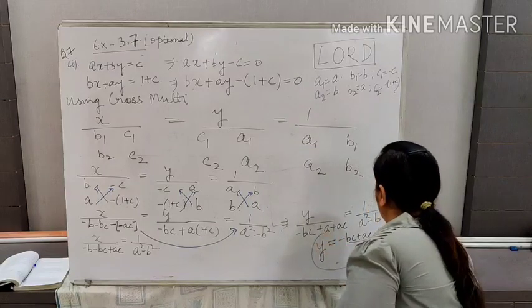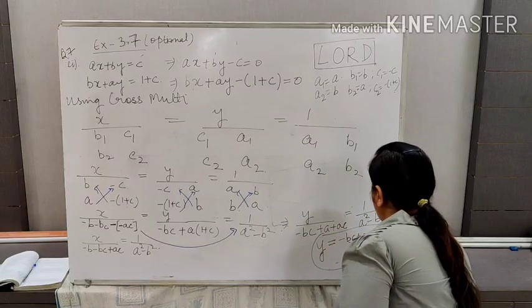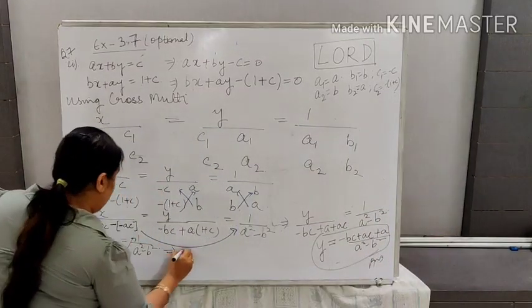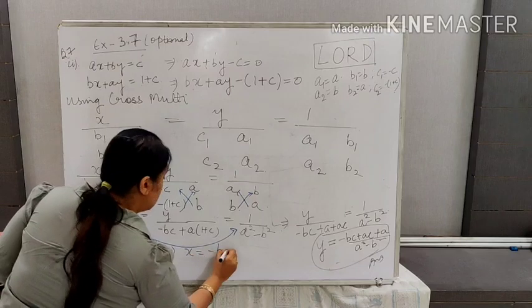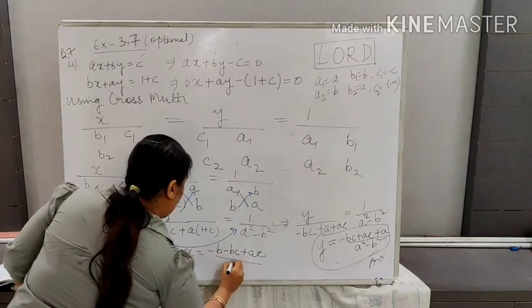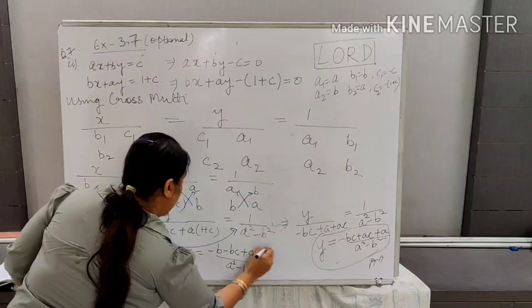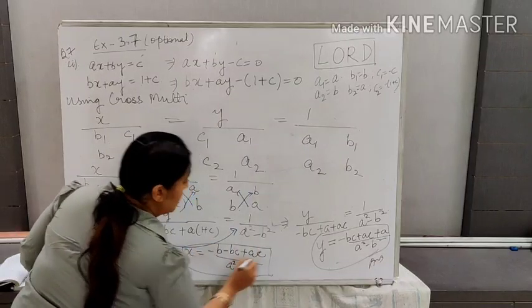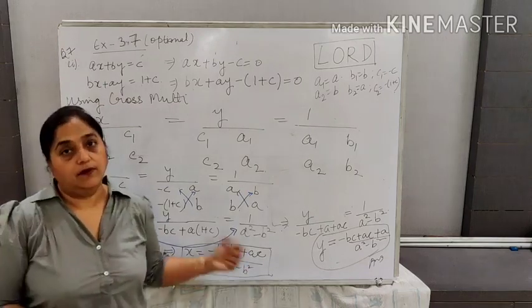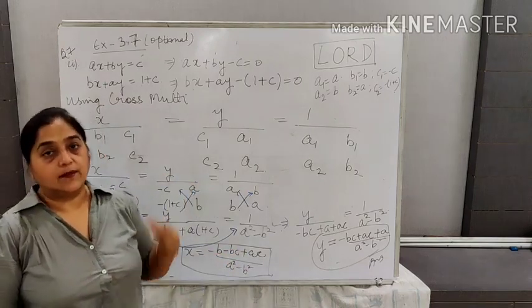Let this be the answer. Similarly, when I take x, this implies x is equal to minus B minus BC plus AC upon A square minus B square. So this is your answer. You got the value of x and you got the value of y. This method was cross multiplication.